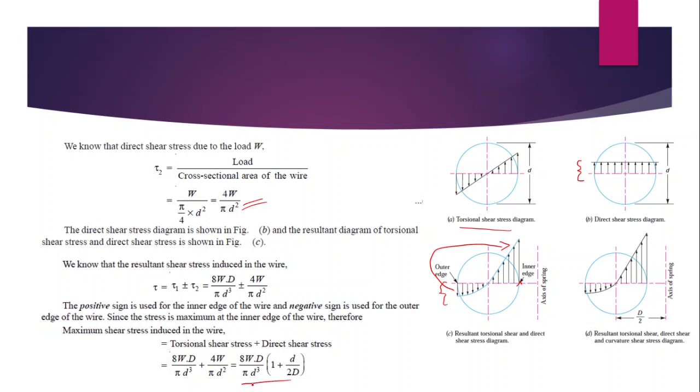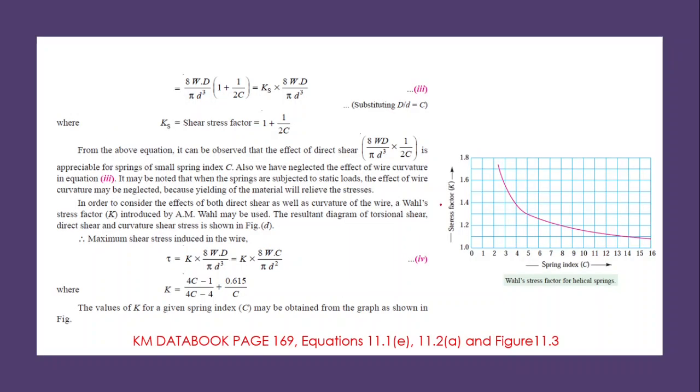That is equal to 8WD divided by pi d cube into 1 plus 1 by 2C, where D by d is equal to C. We can substitute D by d equal to C. This equation is also available in the KM data book, page number 169, equations 11.1e, 11.2a, and in figure 11.3 there is the Wahl's stress factor for the helical spring.